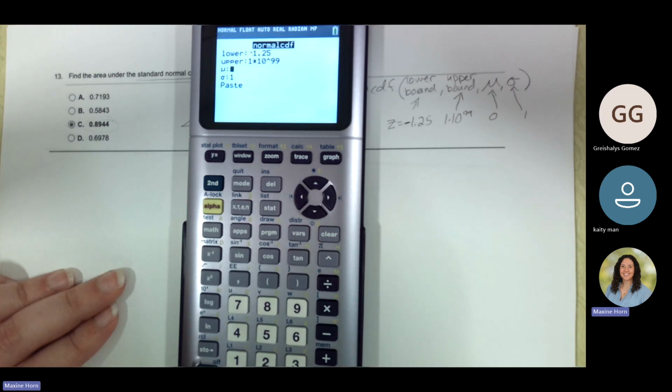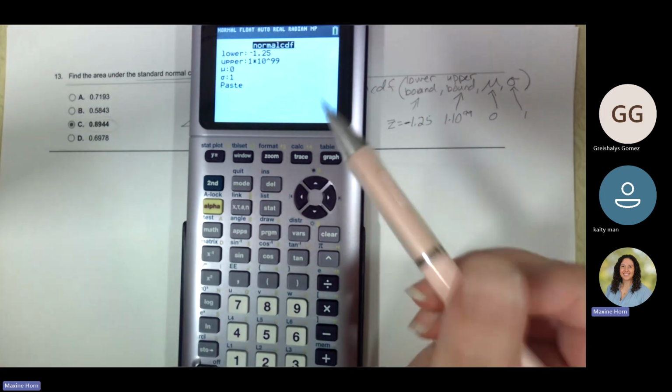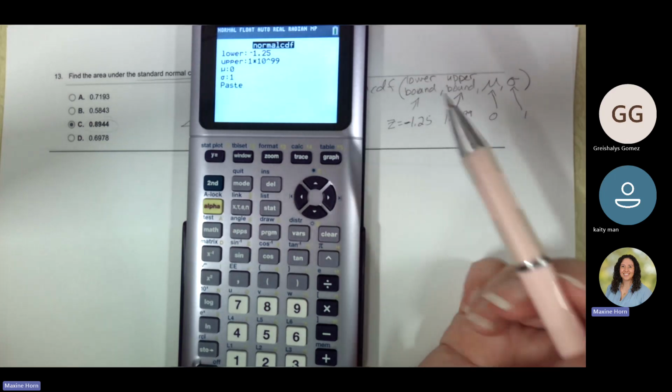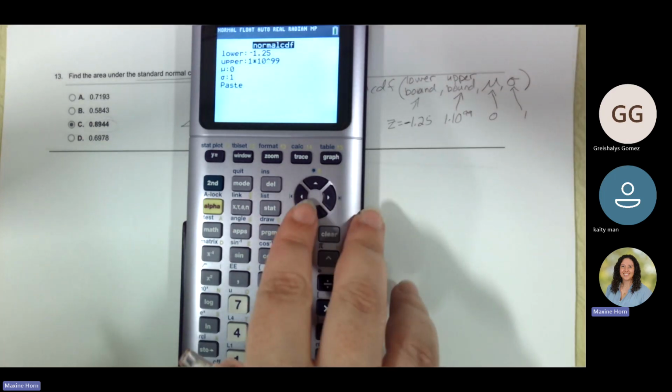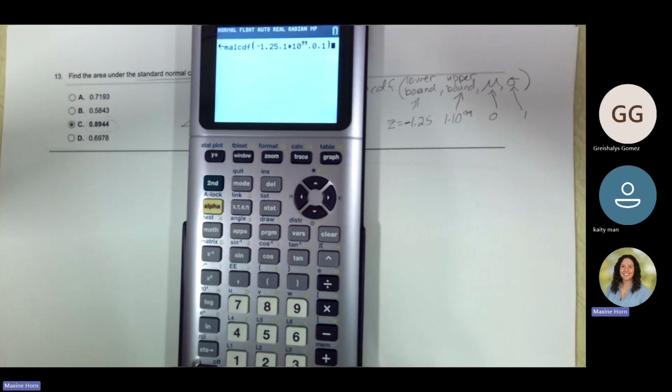If I exit out of this and go back, it'll probably say 1E99. And then I've got my mean of 0, standard deviation of 1. And look at that, we're getting the same number, again, if we're rounding to 4 decimals.